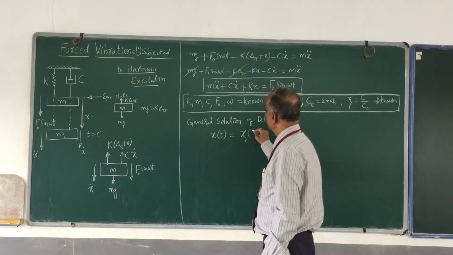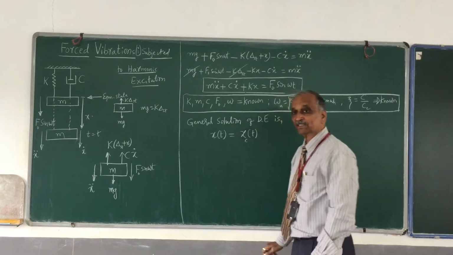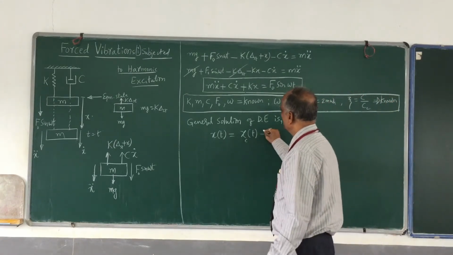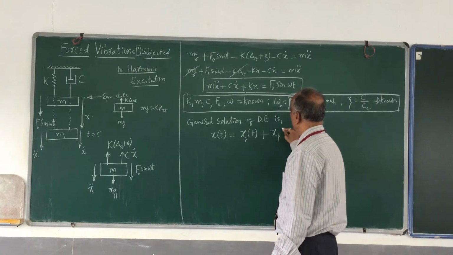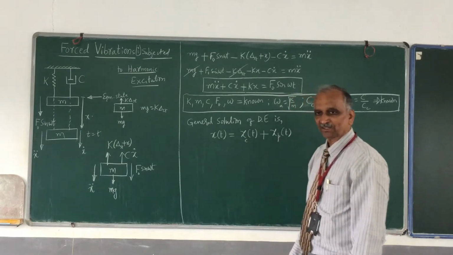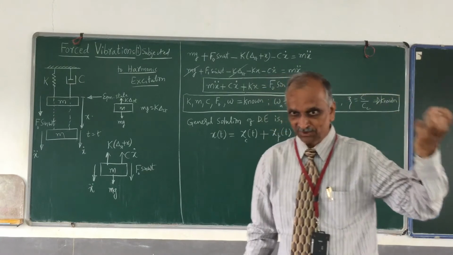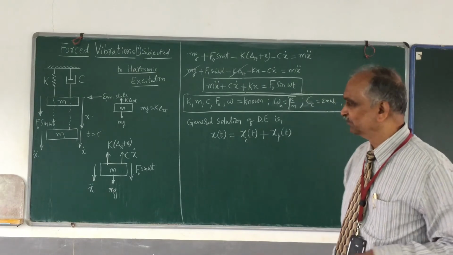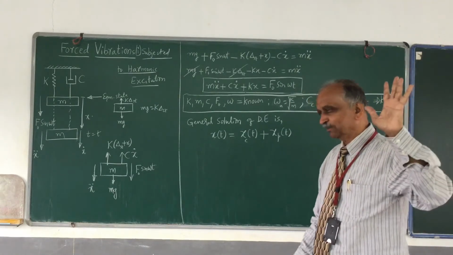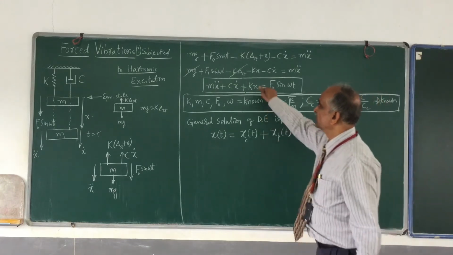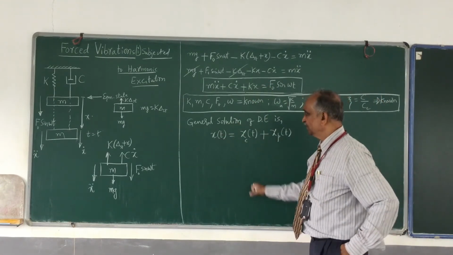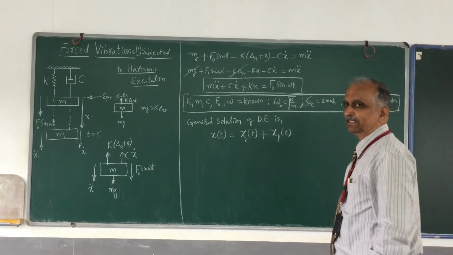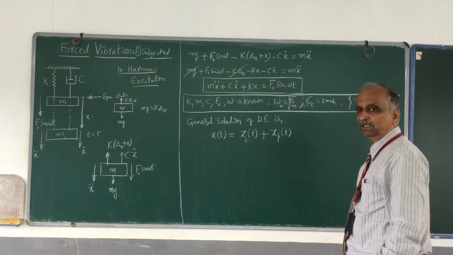One is xc of t, which is called the complementary part of the solution, and the other part is what is called the particular integral, xp of t. I don't know whether you have heard these words before; you will hear them again.